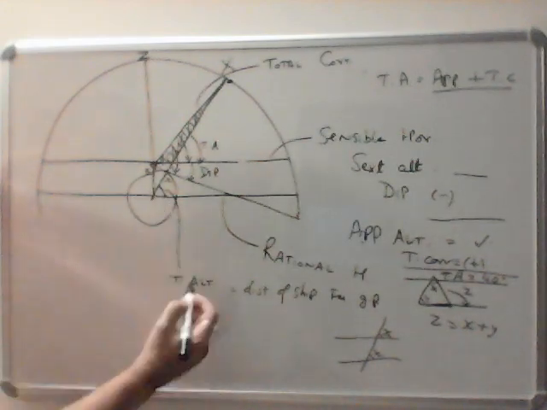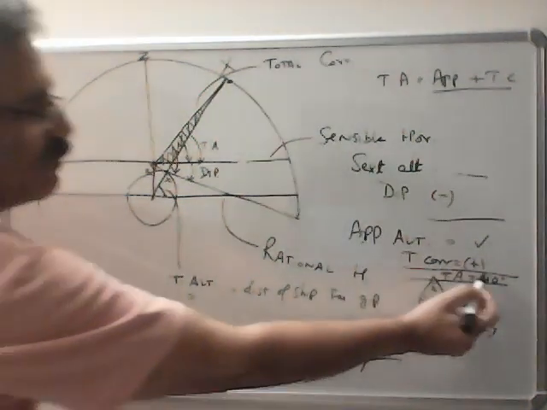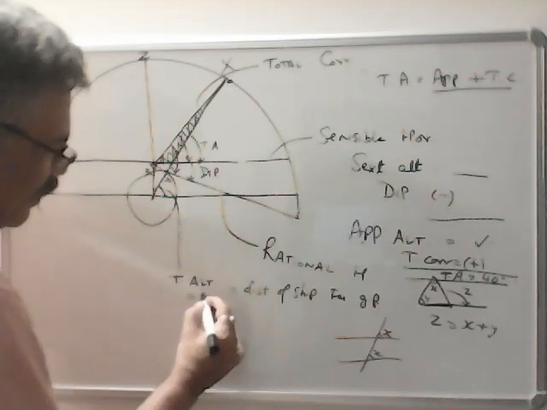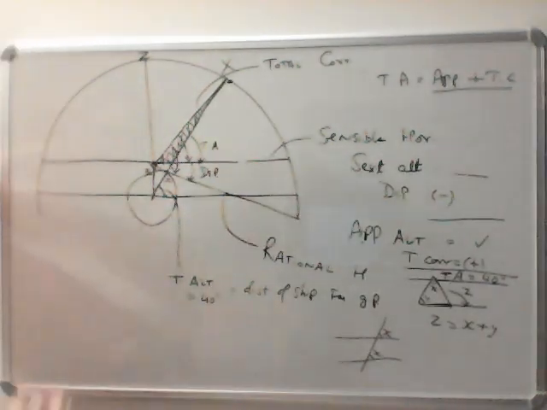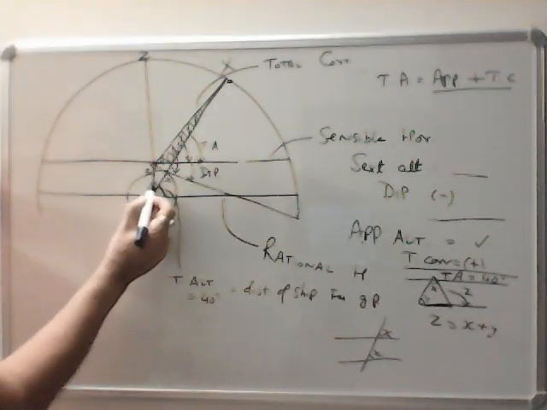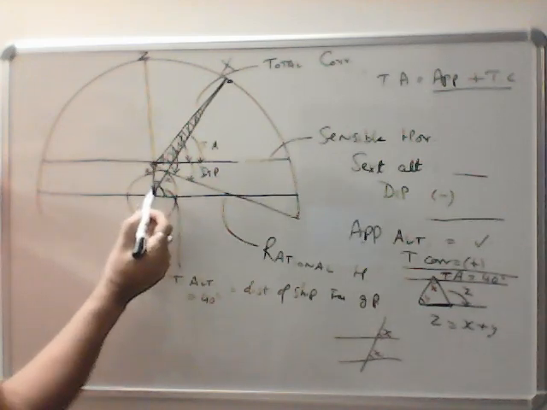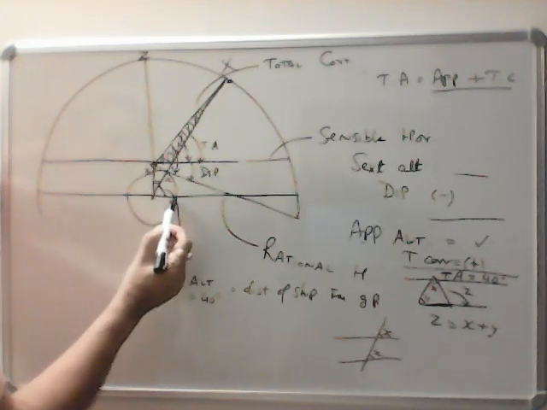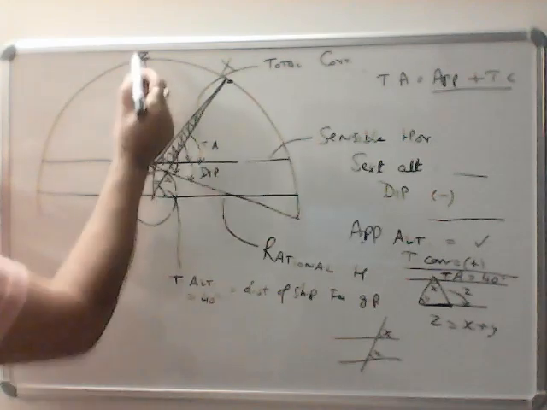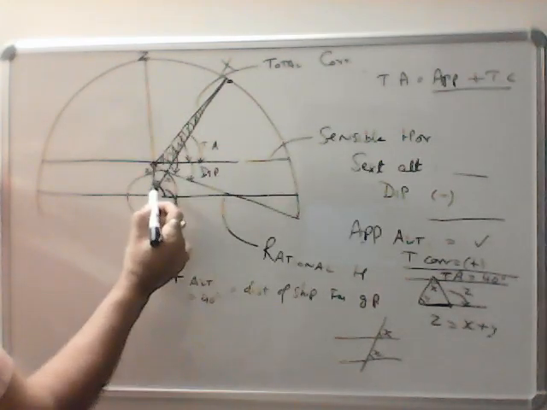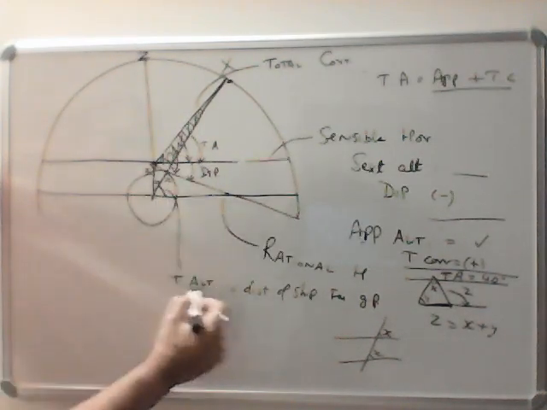Now this value is true altitude, which we have seen is, in this case, let's assume it is 40 degrees. If this is 40, then what is this angle? This angle is 90 degrees, because this is a vertical line, this is a horizontal line. So this angle is 90 degrees minus true altitude.